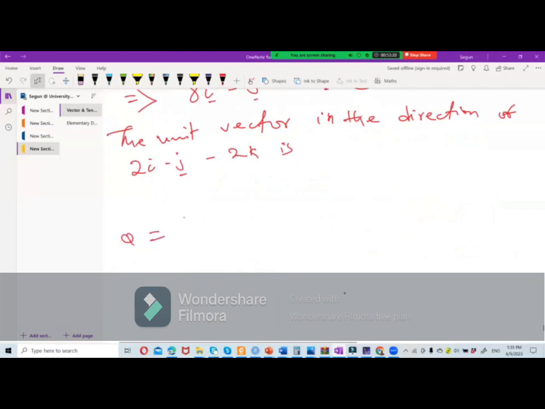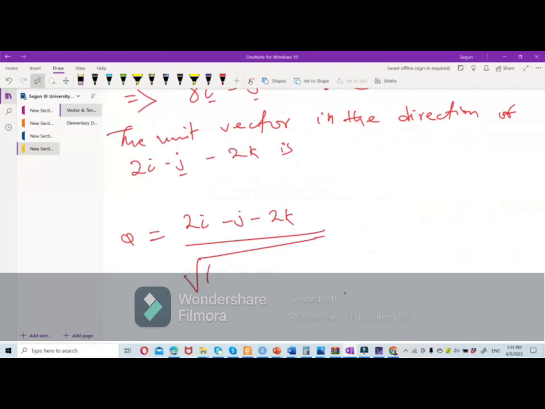A equals to 2i minus j minus 2k divided by the absolute value, square root now, which is 2.